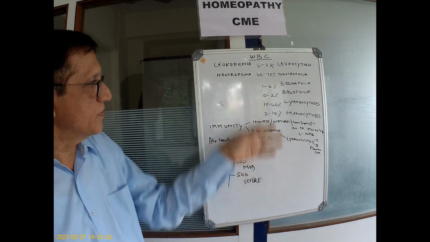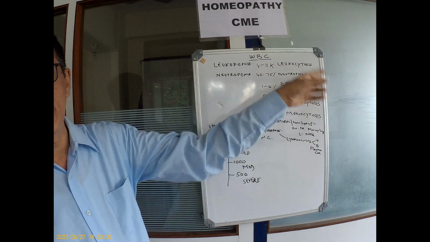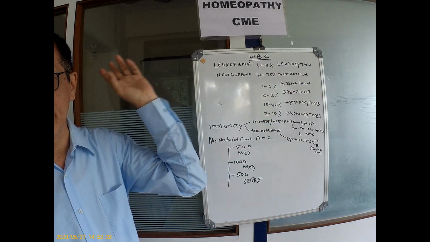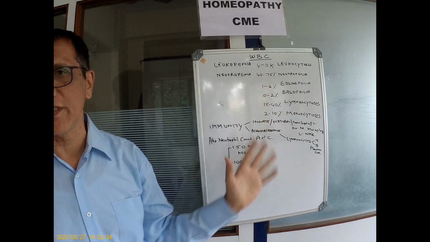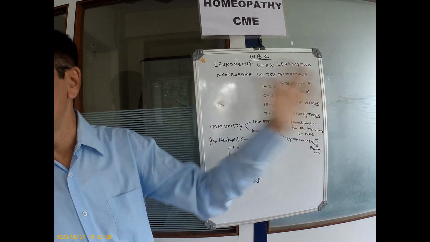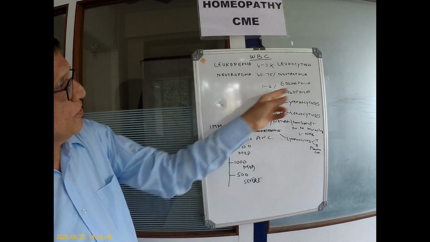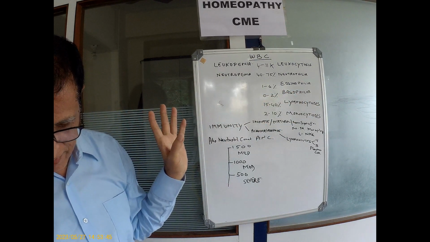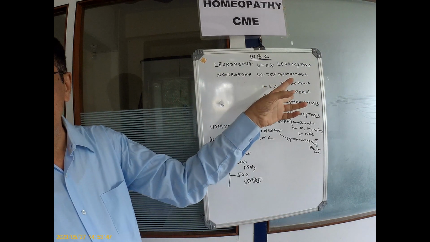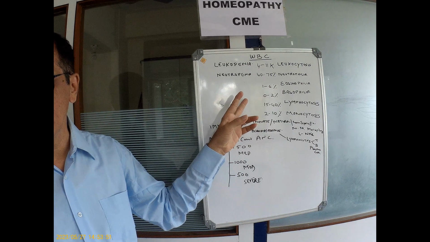So neutrophilia, increase in neutrophils, will occur in any pathogenic infection. Pathogenic infection means pus. Pus means bacteria. So in any bacterial infection, neutrophils are going to go up. Eosinophils will go up in two conditions: allergy and parasitic infections.